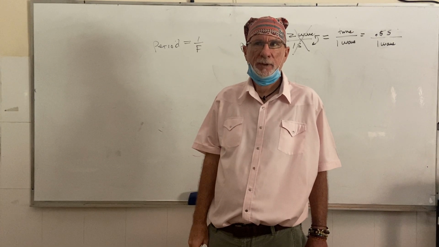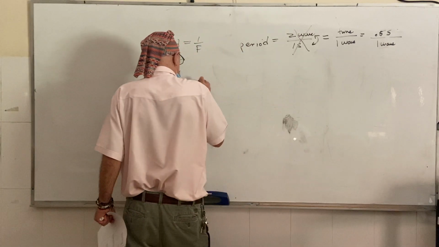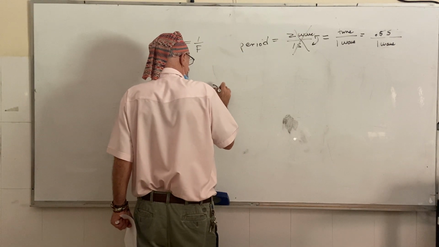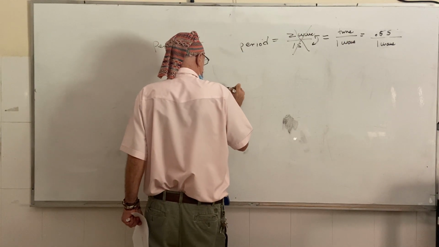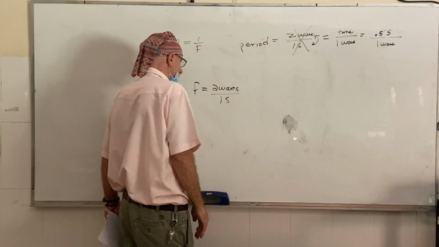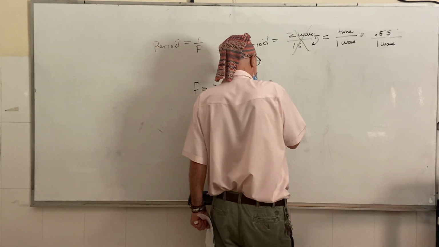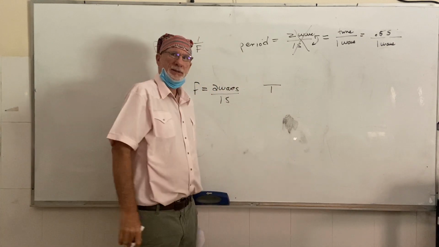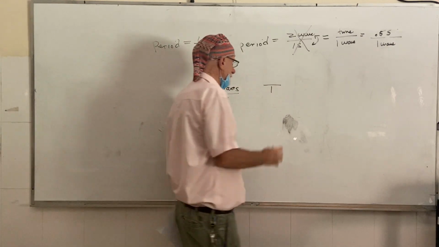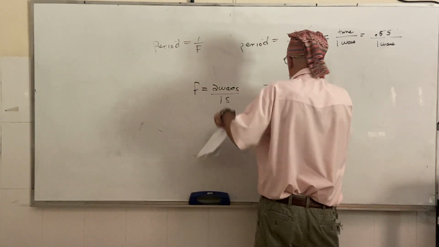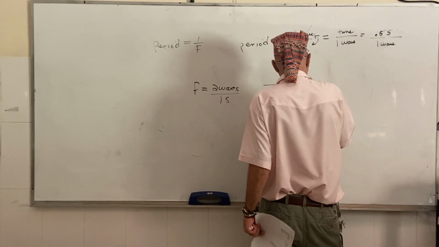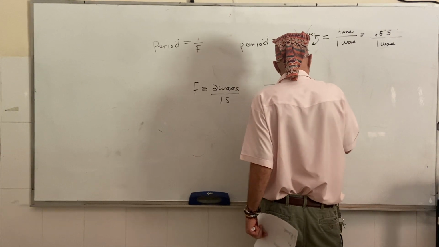So the frequency equals 2 waves per 1 second. The period, T, would be the time, 0.5 seconds per 1 wave.